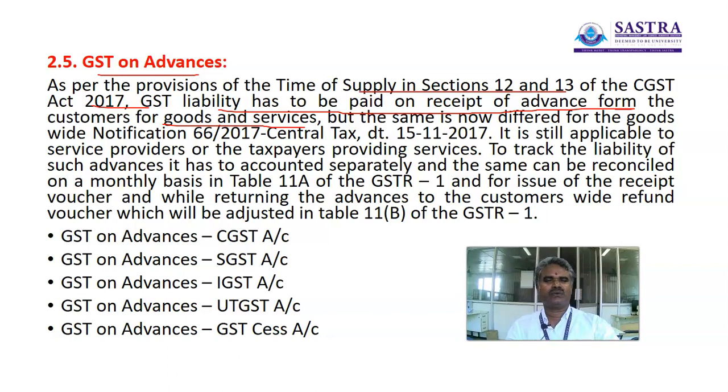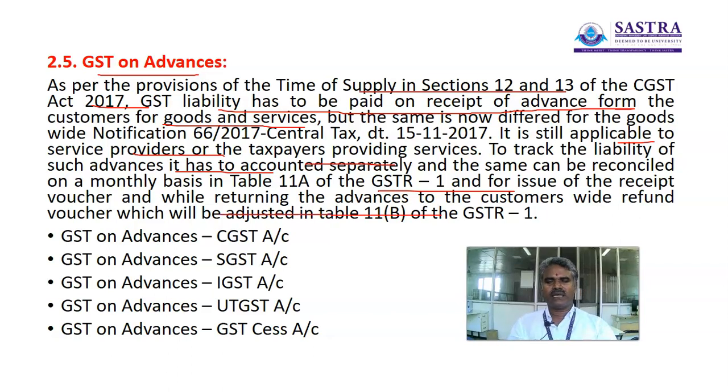It is still applicable to the service provider or the taxpayer providing services. To track the liability of such advances, it has to be accounted separately, and the same can be reconciled on a monthly basis with Table 11A in GSTR-1, and a receipt voucher has to be issued, and also while returning advances.